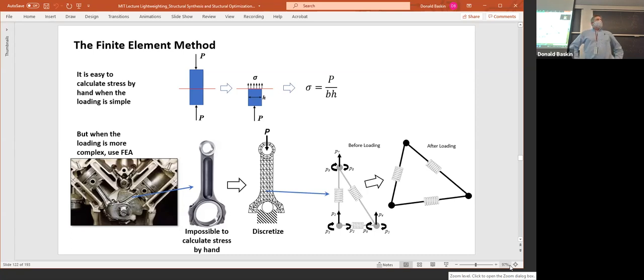All right, so right here I have a picture of a connecting rod. The connecting rod might be in a car engine, might be in a boat engine, might be in a tractor. And this connecting rod is subject to some stress. There's some pin up here that's pushing down, reacting on a pin down here that's pushing down the crankshaft.